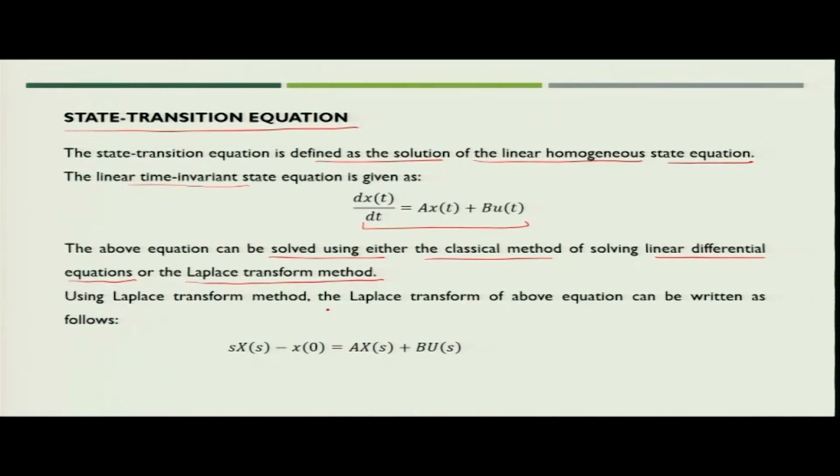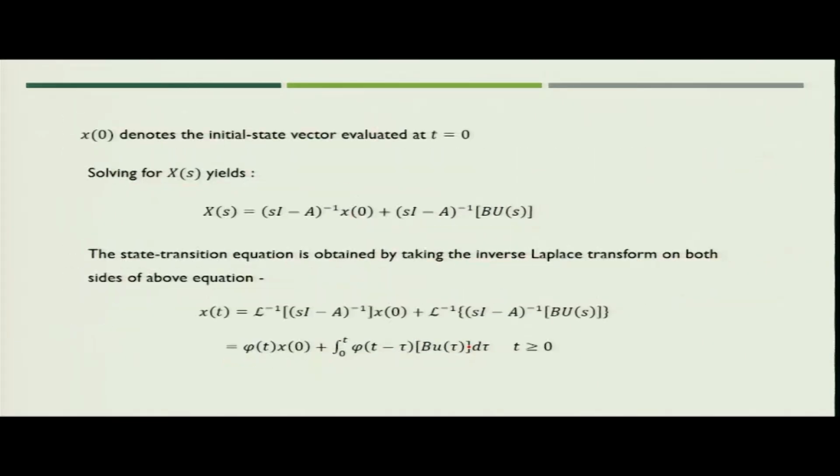If you use the Laplace transform, the above equation you can write in the Laplace domain as s X(s) minus x at time t equal to 0 equals A X(s) plus B U(s). Here x at time t equal to 0 denotes the initial state vector evaluated at time t equal to 0.